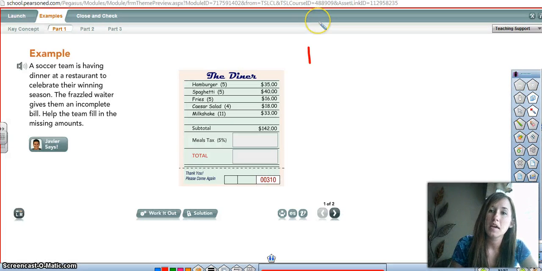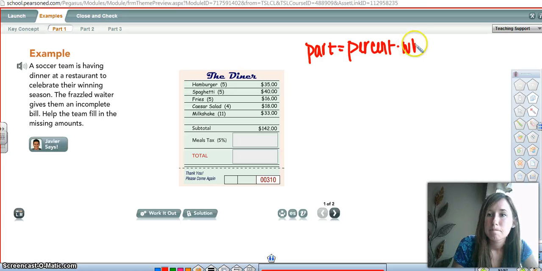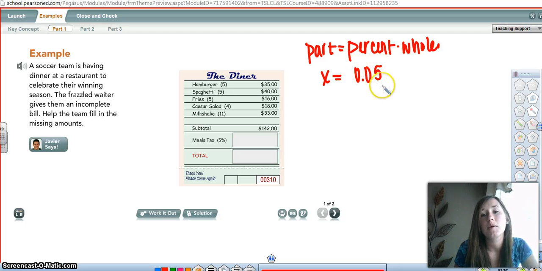So we use our percent equation. The tax is our part, and that's unknown. The percent is 5%, so we can use the decimal version of that, which would be 0.05, and the whole would be our total price for a meal.